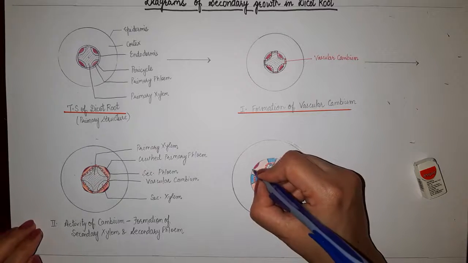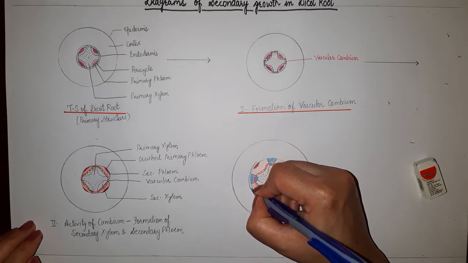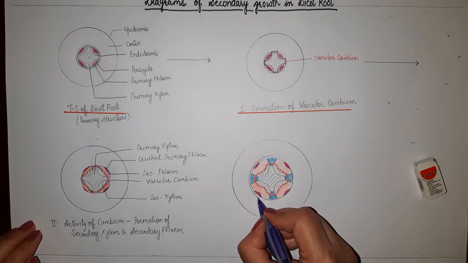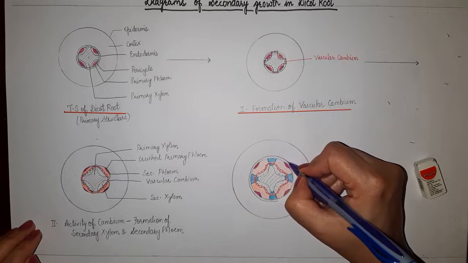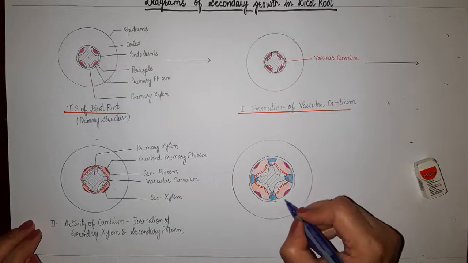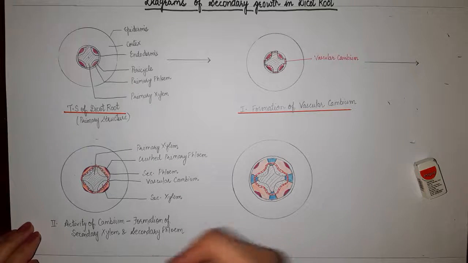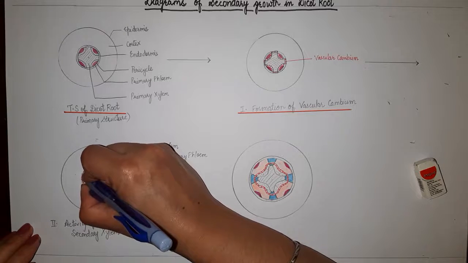And in both these diagrams you will show endodermis. See, when the area of the central cylinder is expanding, definitely there is some pressure being forced on the outer parenchymatous cells.